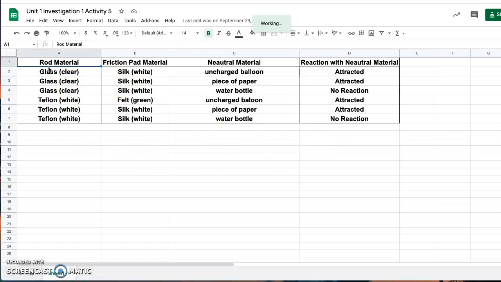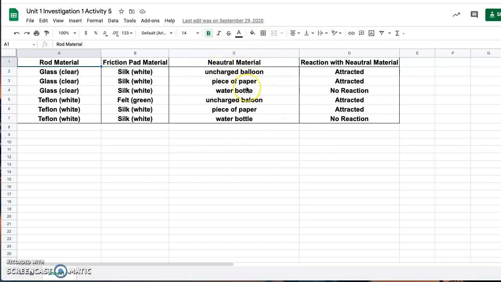We've seen different rods and different friction materials. This experiment specifically asks us to see what's happening with different neutral materials.